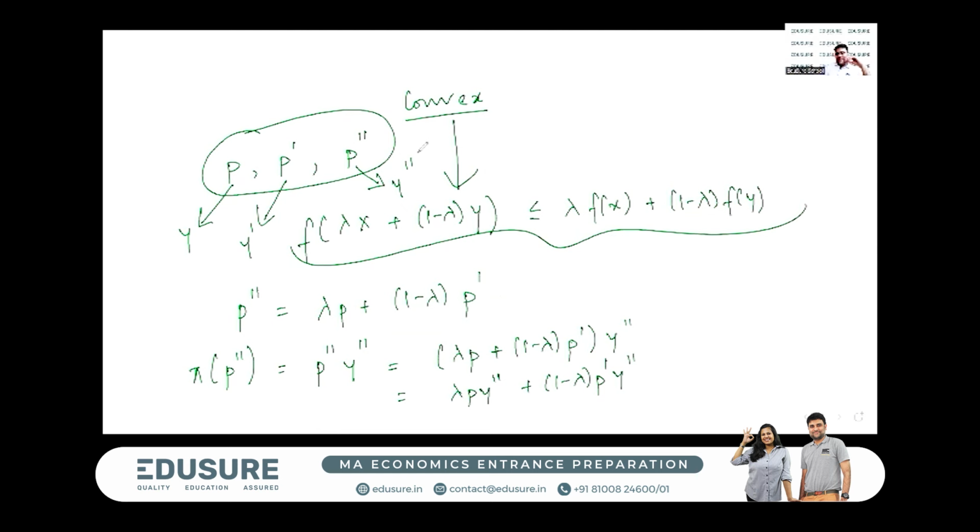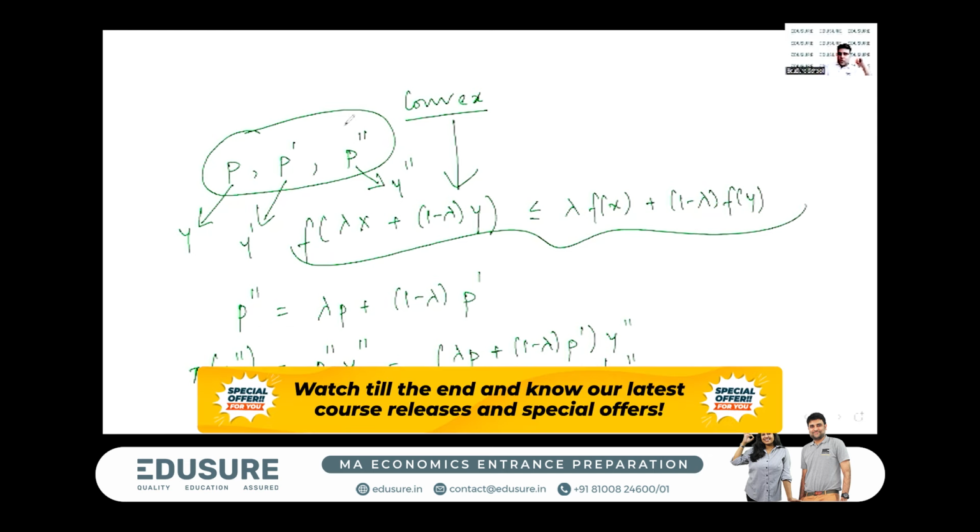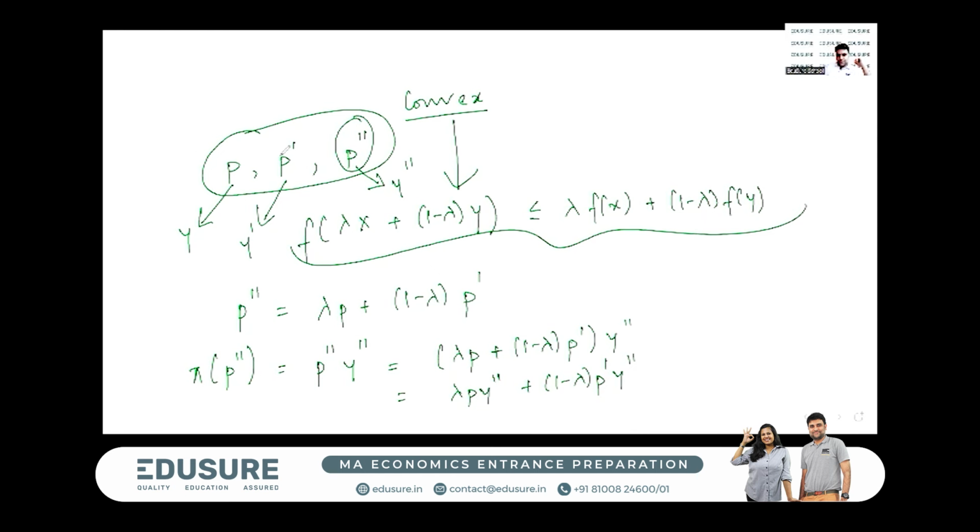So what did I do? I basically started off with, this is more of a proof. I started with 3 different prices, took P double dash as the convex combination of P and P dash, where P double dash is this.